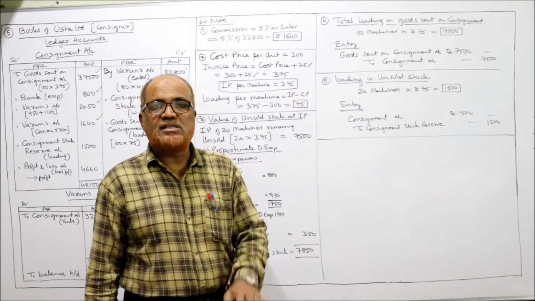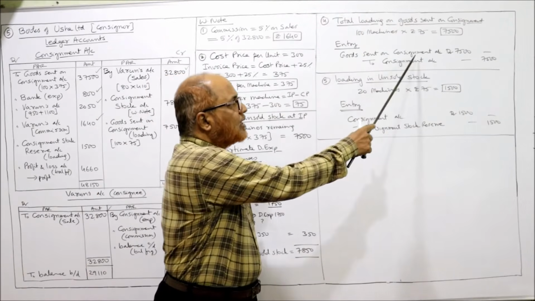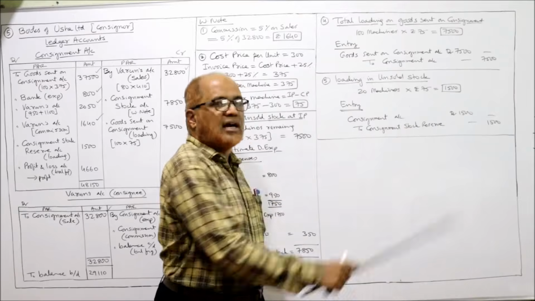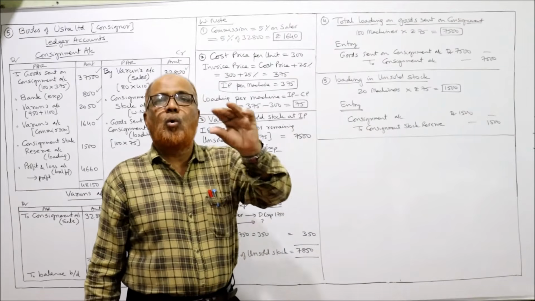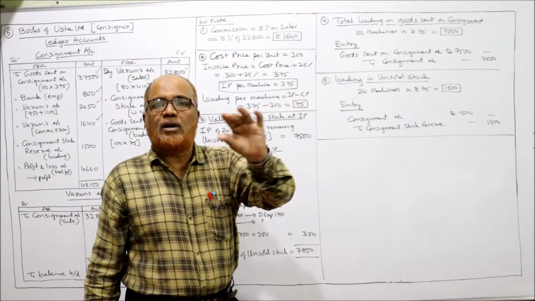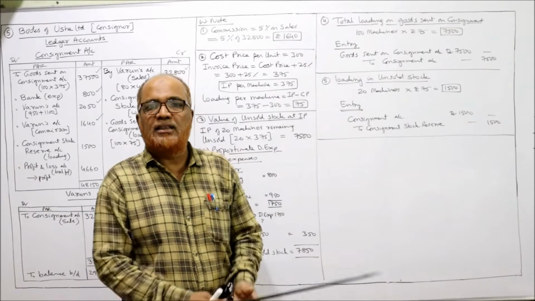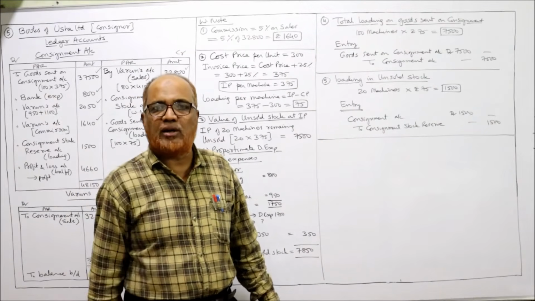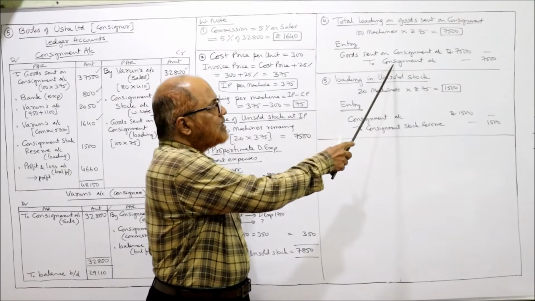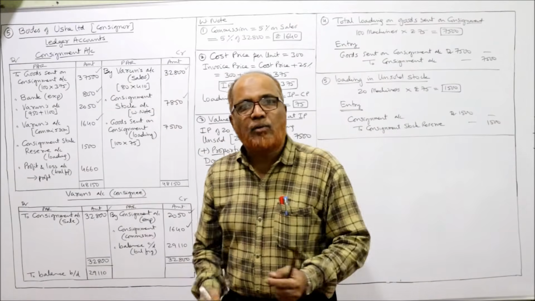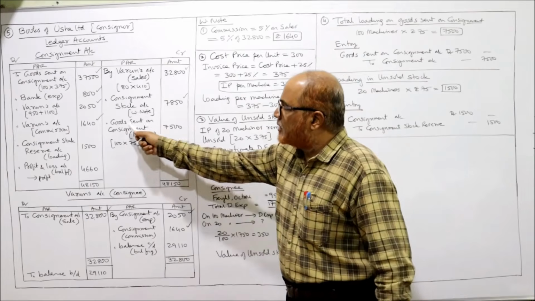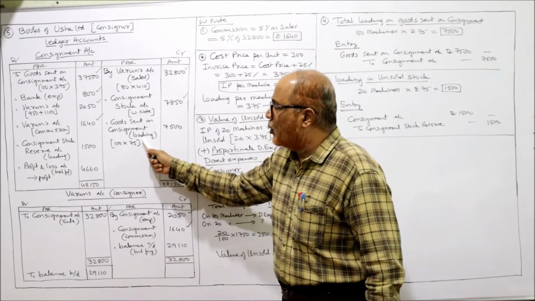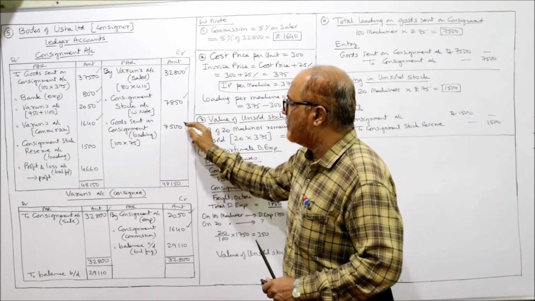The entry for this is goods sent on consignment account debit to consignment. Remember this. This is the entry for removing the loading in total goods sent on consignment. So consignment account is credited by goods sent on consignment loading 7,500.